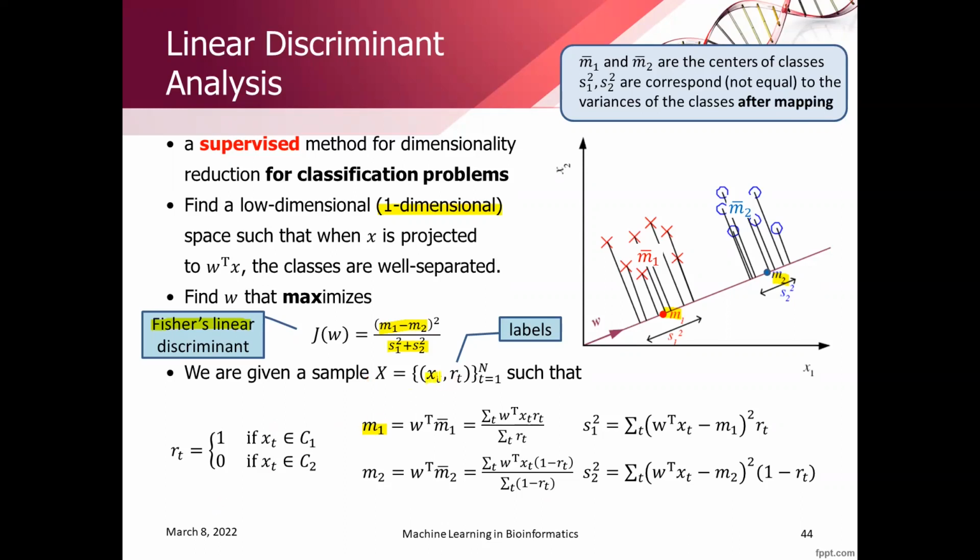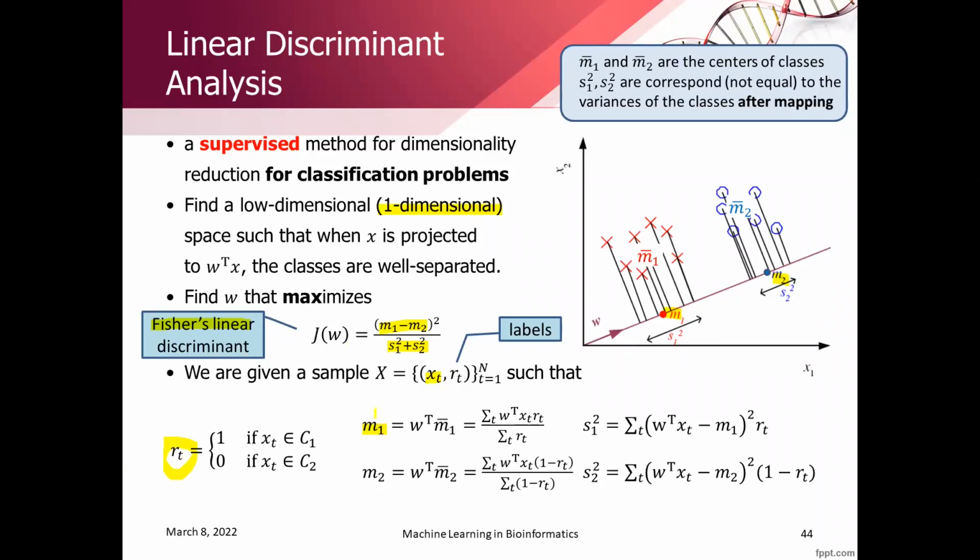The set of observations is a set of vectors x sub t. x sub t is one line of the observation matrix, and for each line we have a value r sub t. This value is either 1 when the observation belongs to class 1, or 0 if the observation belongs to class 2. So this is the explanation for the labels.